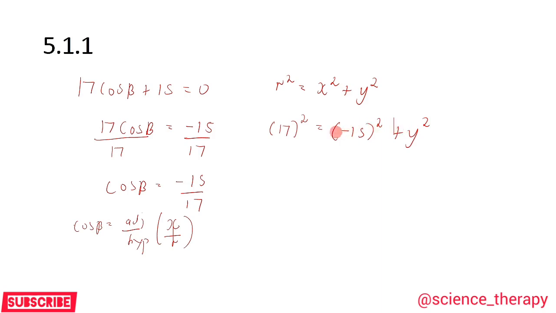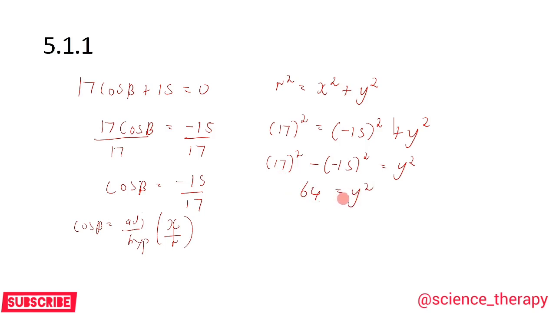Then at this point, what do you want to do? You calculate 17 squared minus negative 15 squared is equal to y squared. So if you punch all this in your calculator, that should give you 64. So we have 64 equals y squared.